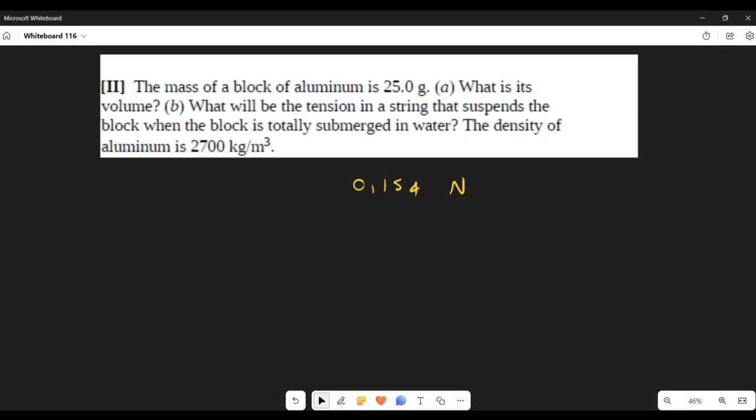Can someone write the volume for me there while I get that answer? My CPU is high again. Just give me a second.